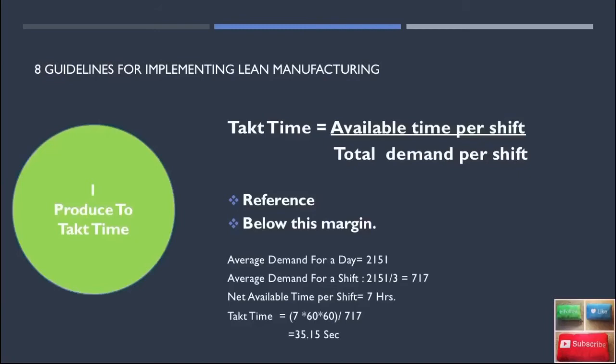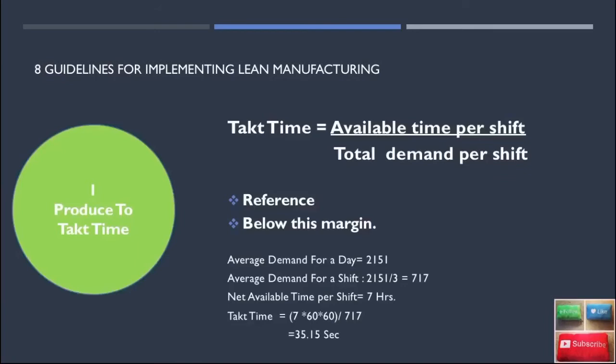Let's go with the example. Suppose your demand per day is 2151, and you are producing in 3 shifts, so your demand per shift is 717, and each shift is 7 hours. After all the meetings and lunch, you have 7 hours per shift to produce the product.